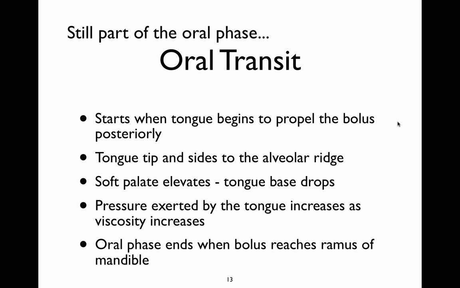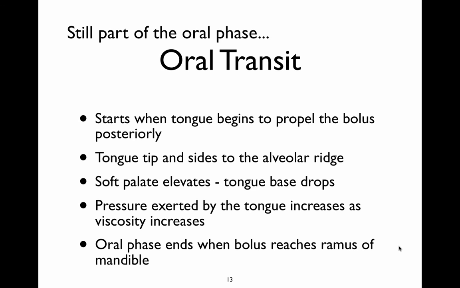I won't talk too much about the pressures that are involved and the pressure changes that occur during oral phase activities, but I will say again that there's a pressure differential exerted by the tongue as there's a change in the characteristics of the bolus. And as I mentioned earlier, the oral phase is over when the bolus reaches the ramus of the mandible.